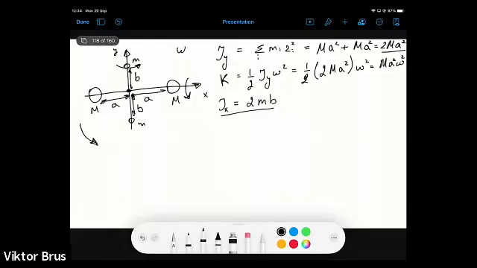Now let us consider the case when all bodies contribute to the moment of inertia, and that is the case when we have rotation about axis z.